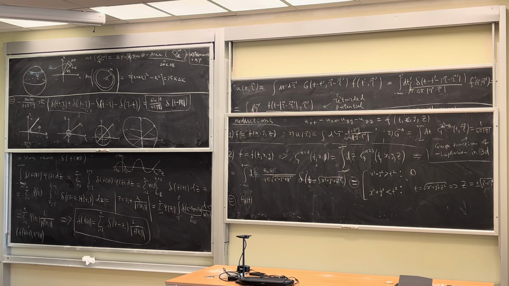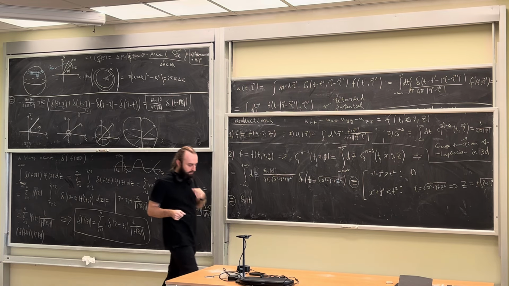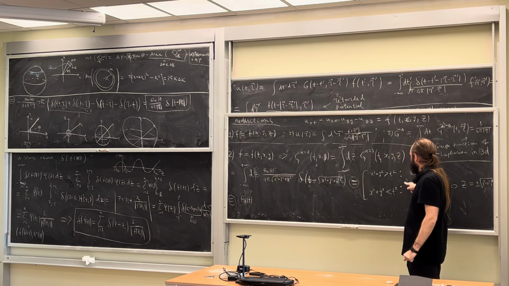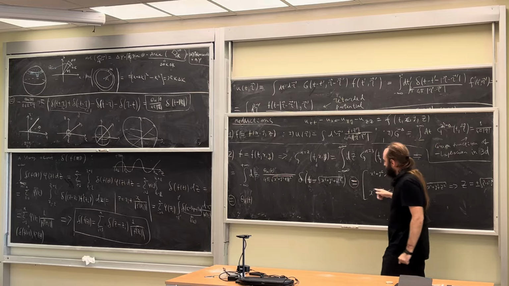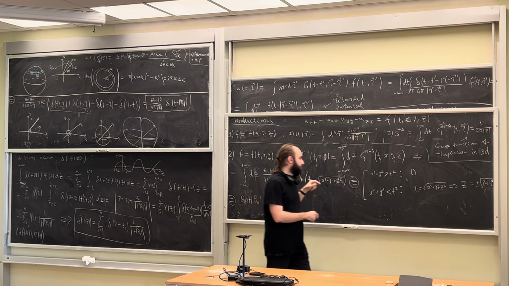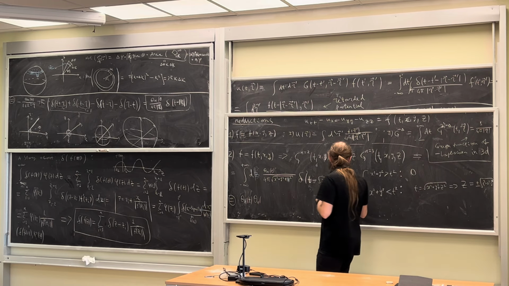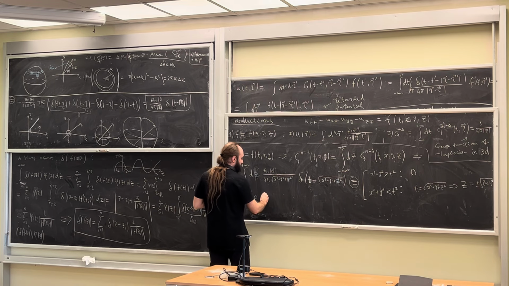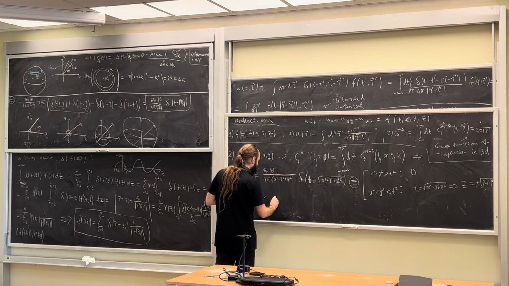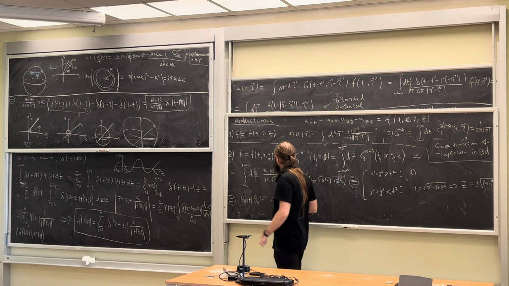And I wrote this to apply in our case. So we see that here there is another step function which vanishes for t squared less than x squared plus y squared.